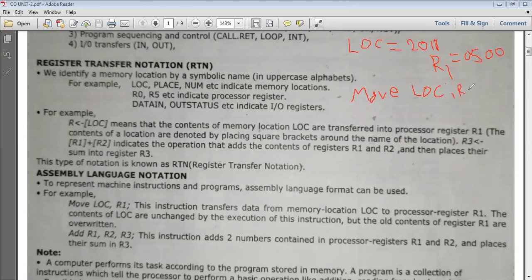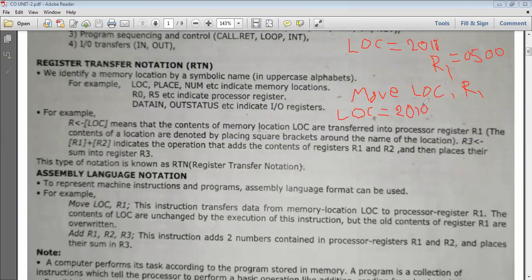After executing this instruction, which register is replaced? LOC stays the same, LOC equal to 2010 only.